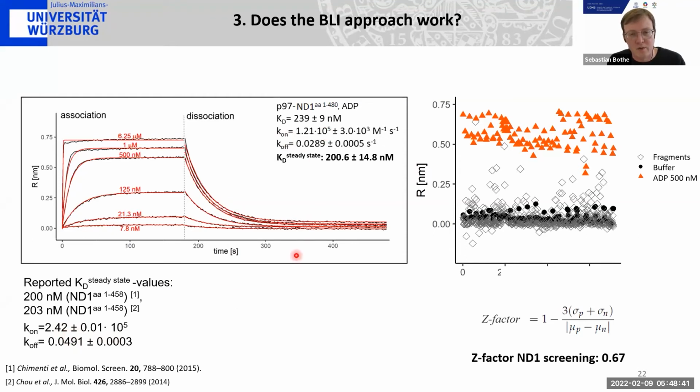So we then used this positive control as a marker for the whole screening with the ND1 domain, and as the quality factor for the screening, we get a Z factor of about 0.67. Anything above 0.5 says that the assay works really well.